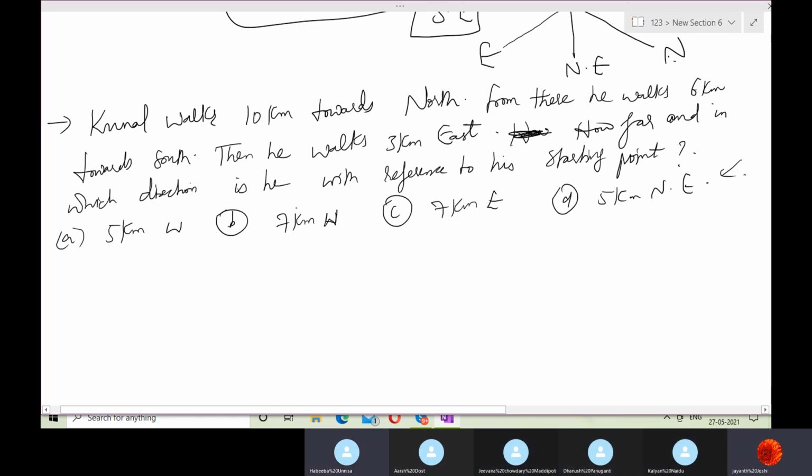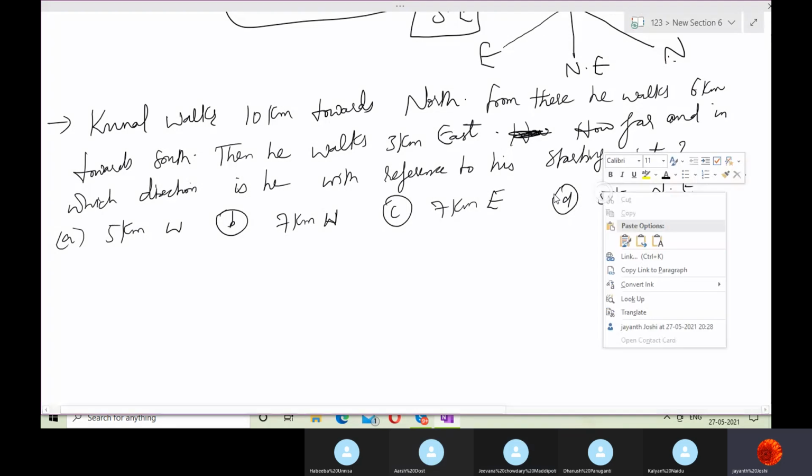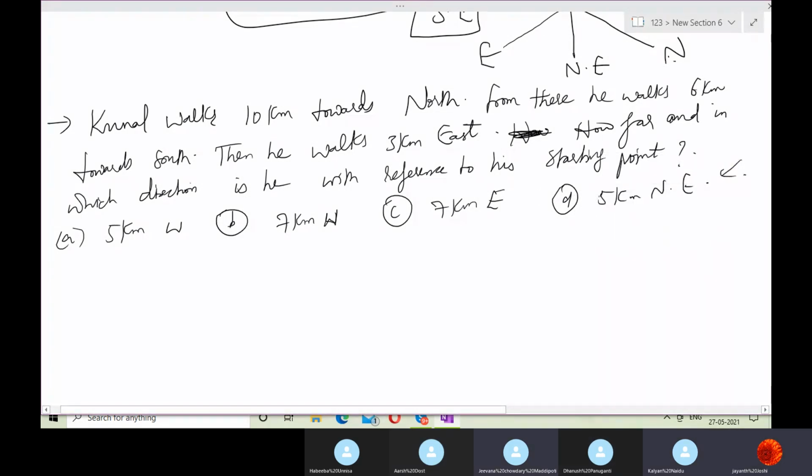Option D, 5 kilometer northeast. Harsh, 5 kilometer northeast. Arsh, what is the answer? Option D. Kalyan, what is the answer? D. Okay, let's do this.